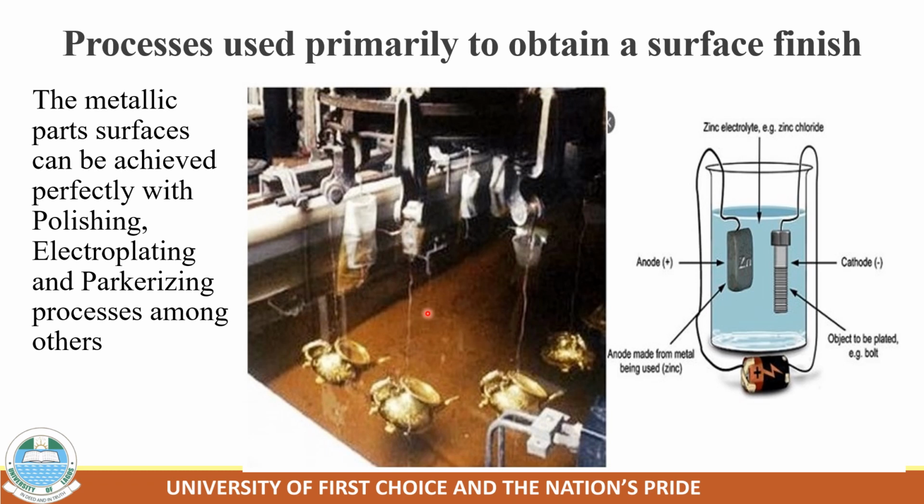If the object or apparatus you produce in the workshop is made of mild steel, the more it is exposed to environmental conditions, the more it corrodes. In order to prevent it from corrosion or environmental reactions, you electroplate it with another material in order to coat it. And parkerizing is another method of protecting the surface of metals against rusting.